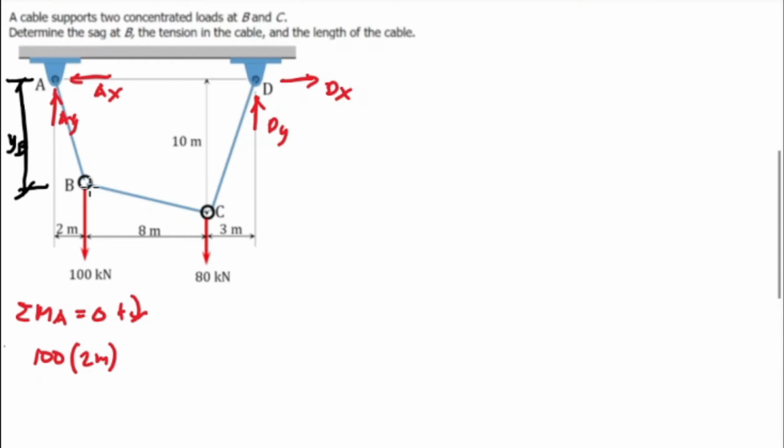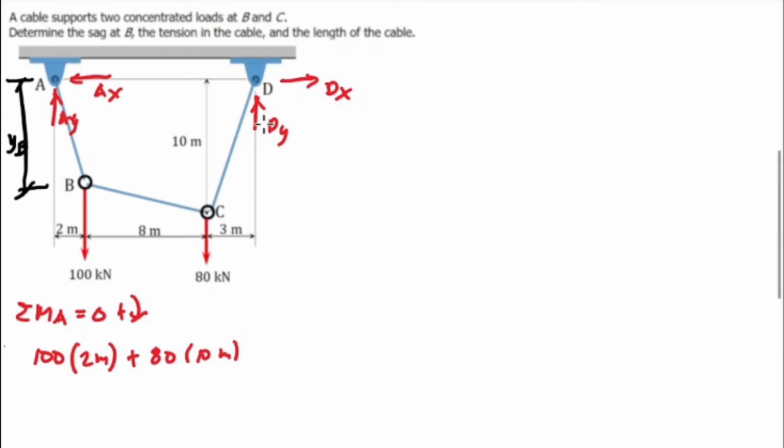Next, at point C, we have 80 kilonewton, also clockwise, and the horizontal distance from C to A is 2 plus 8, or 10 meters. So plus 80 kilonewton times 10 meters.